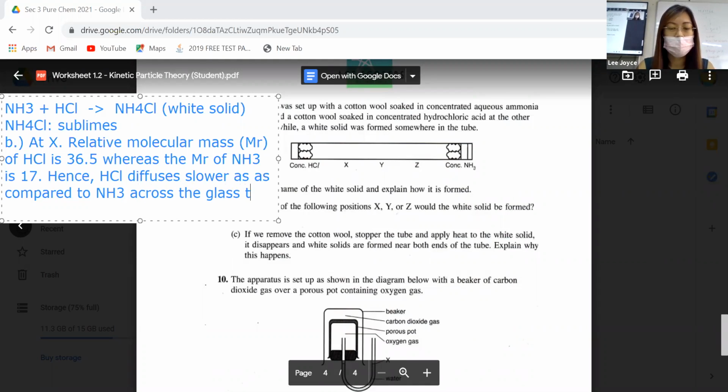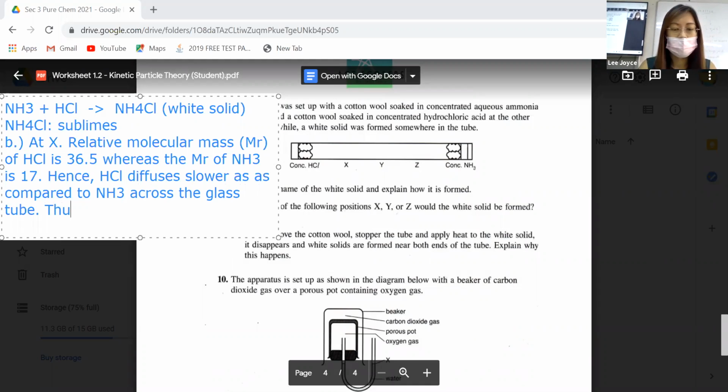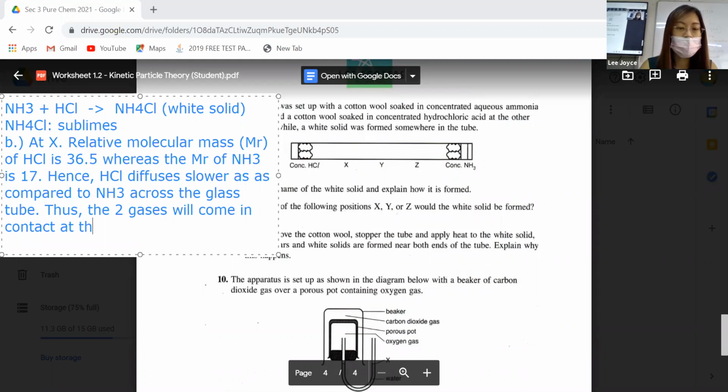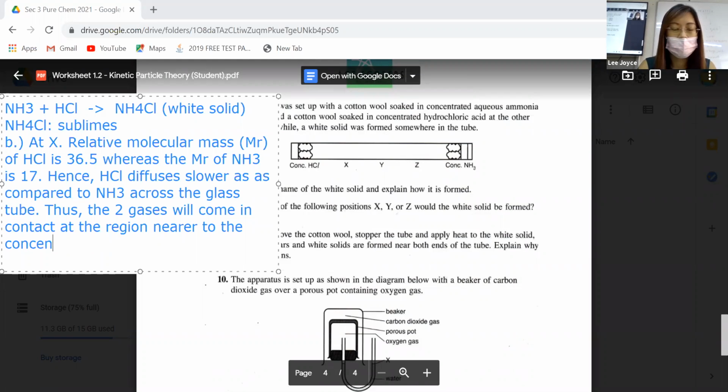Thus, the two gases will contact, closer to the concentrated HCl. All right. Got it?